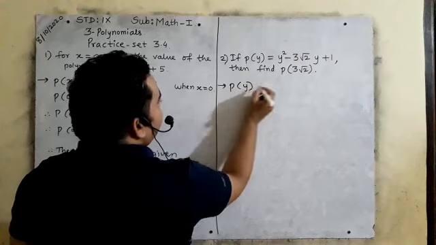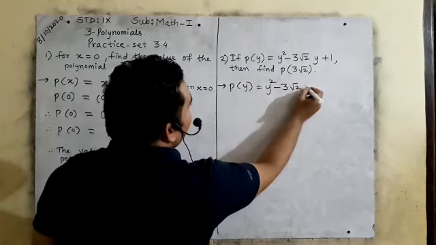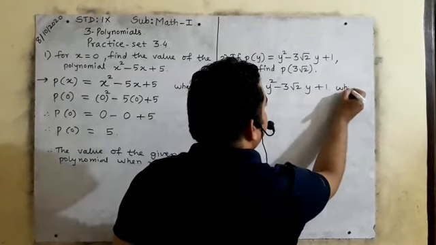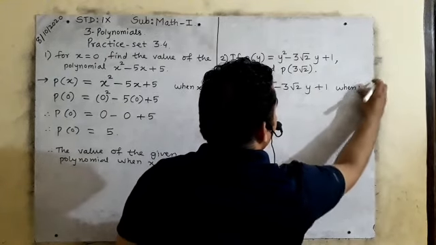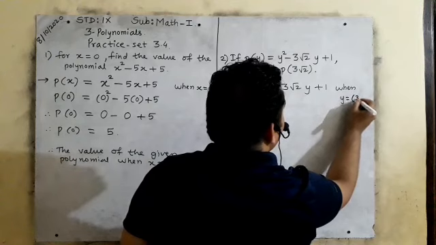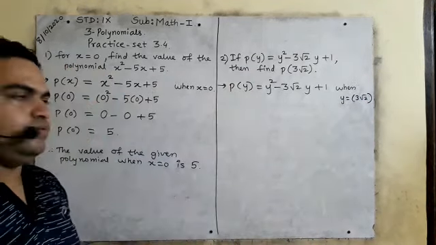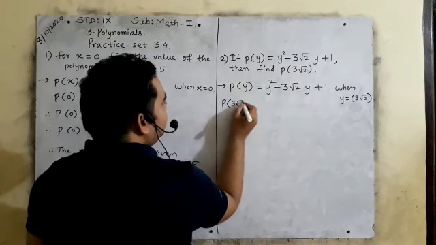Now see how I will write. Polynomial of y is equal to y square minus 3 root 2 multiplied by y plus 1. Then I will write here, when y is equal to 3 root 2. It means wherever y is, there I will write 3 root 2.